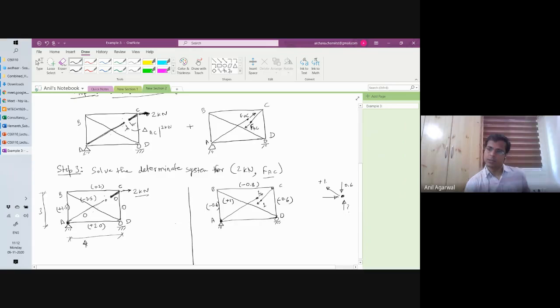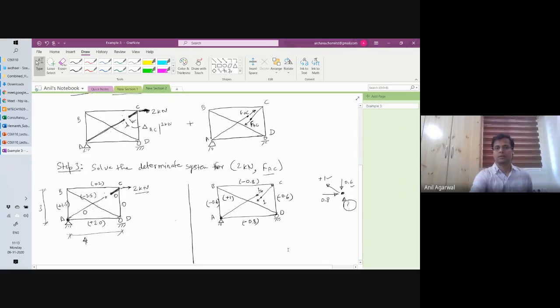So once vertical component plus 0.6 will be taken care of by the reaction, that I don't have to worry about. But its horizontal component, which will be 0.8 in this direction, will basically give me minus 0.8 compressive force in member AD. Okay. Yeah, looks okay. So I've solved the system for internal forces too.